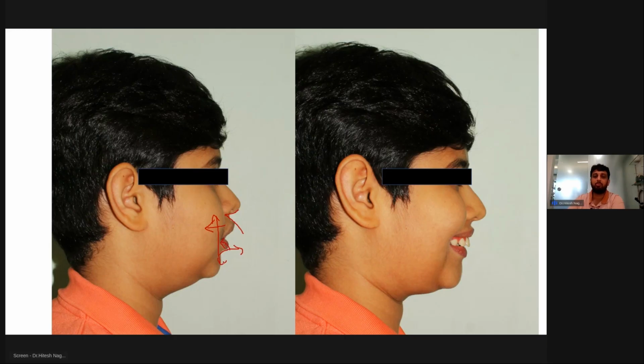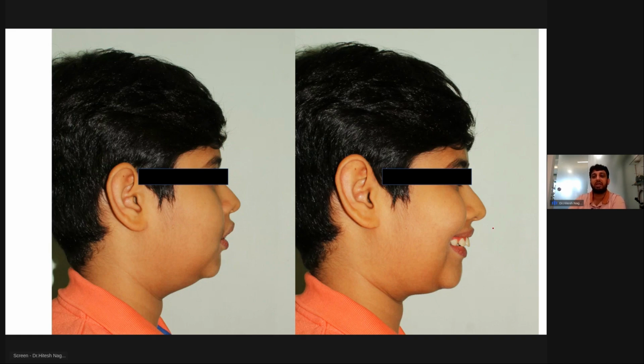Right, I'm not so happy with the chin of the patient, but when I look at the patient's profile, it is not something that I would be worried about. Right, so this is how I analyze the profile of the patient.